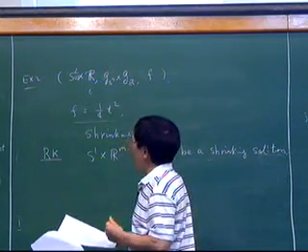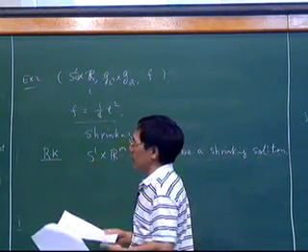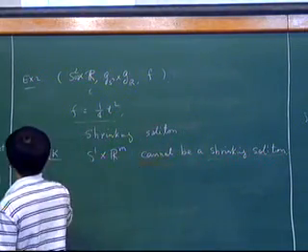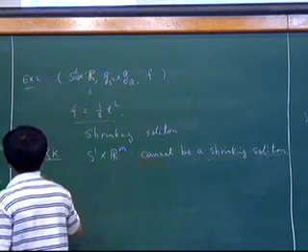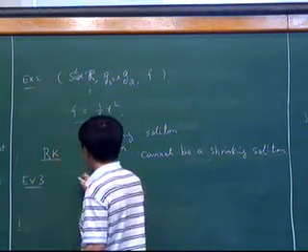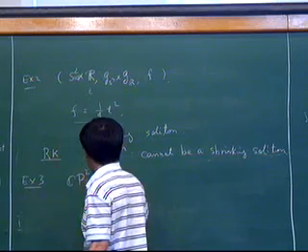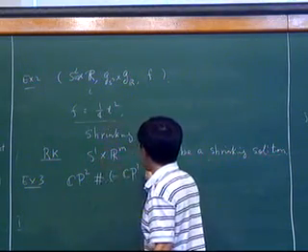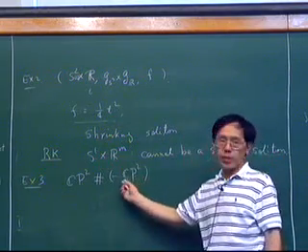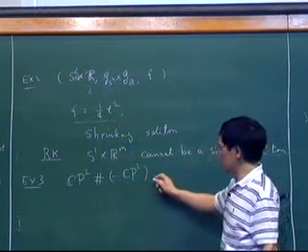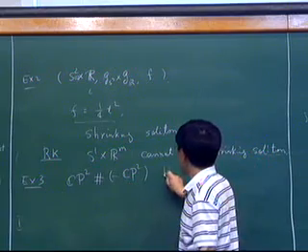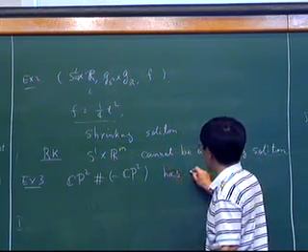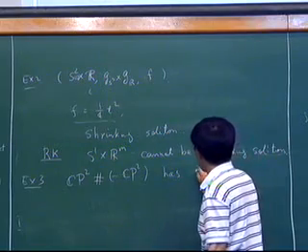I will not have time to go into detail on some more examples. For example, we have compact examples on CP2 connect sum with minus CP2. This means you change the orientation of this. There are solitons, shrinking metrics.